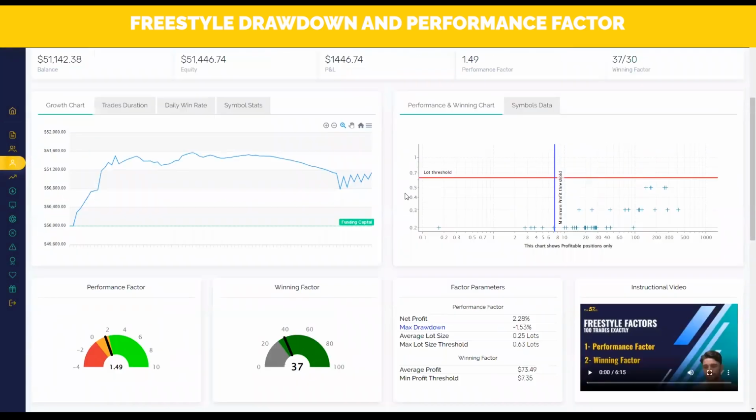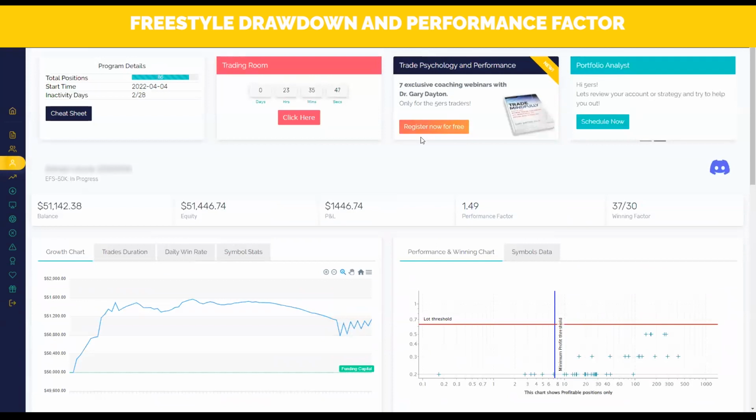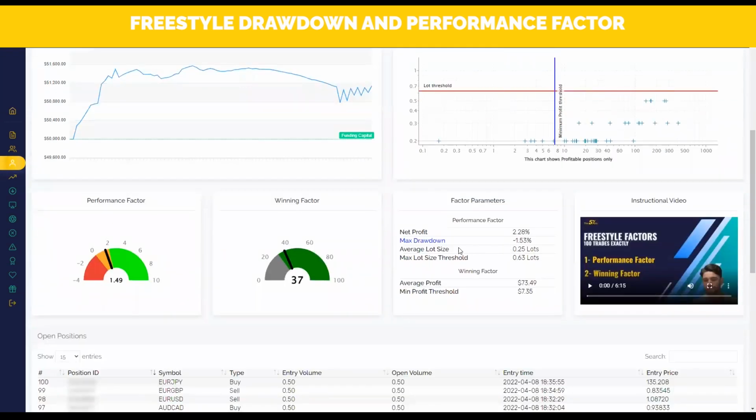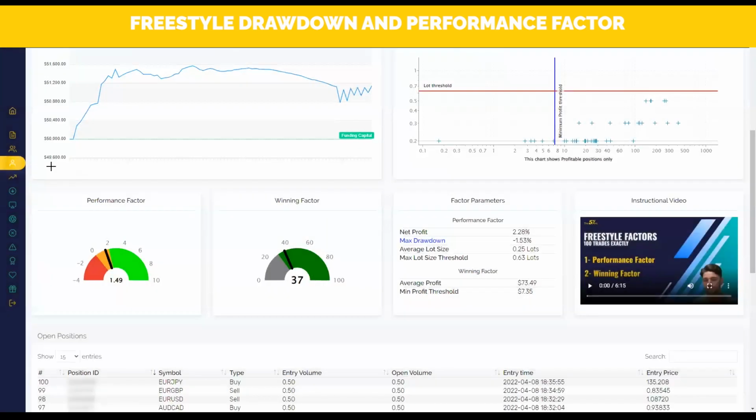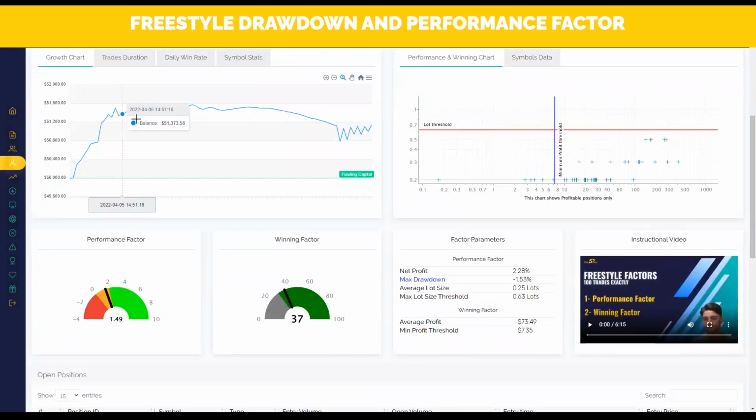Last example. Performance factor 86%, winning factor done, performance factor a little bit shy. Max drawdown of 1.5. That was back on the 8th of the 4th. So it was a floating drawdown. Yeah, it is this.